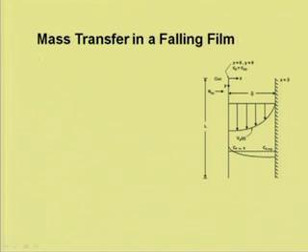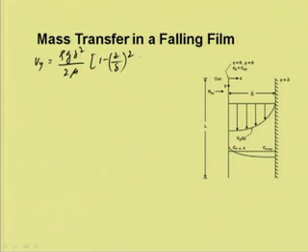We know that V y is equal to rho g delta square by twice mu into 1 minus z by delta square, and V y max, when z is equal to 0, that is at the surface, is rho g delta square by twice mu.